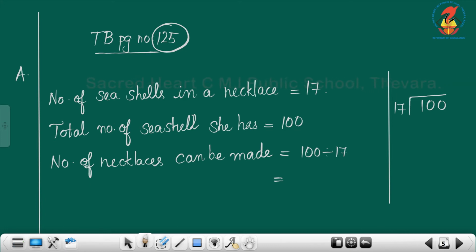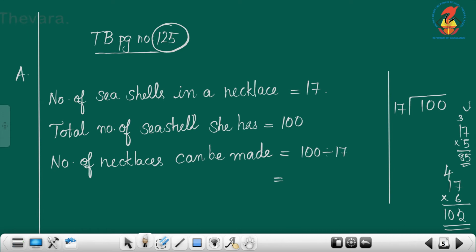So we take that 100 together because 17 into 1 it's 17, 17 into 2 it's 34, 17 into 5 it's 85, then 17 multiplied by 6 it's 102 only.